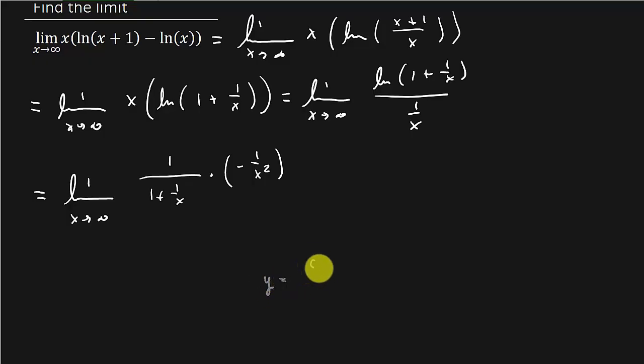If you have y equals any number over x, that derivative is going to be negative that number over x squared. We can rewrite this as c times x to the negative 1, and then using the power rule, you get negative c over x squared. And this is a 1 up here, so it's just negative 1 over x squared.